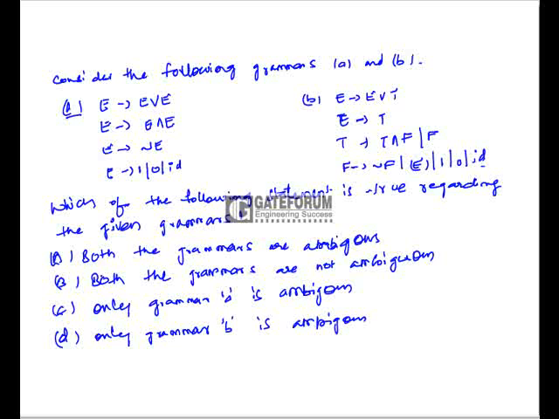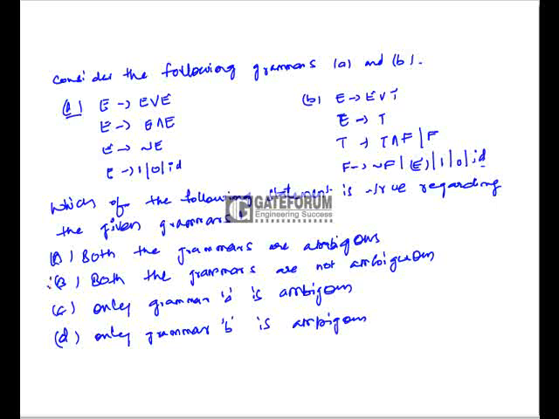If we see the options, the first option is both the grammars are ambiguous, and another is both the grammars are not ambiguous. So here we can eliminate option B. Why? Because it states that both the grammars are not ambiguous, but we can see that grammar A is ambiguous.